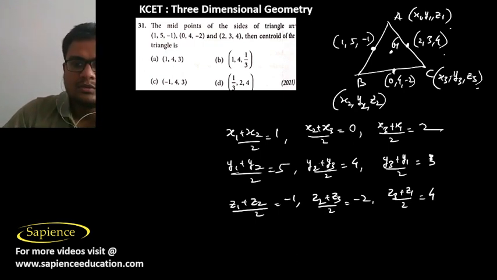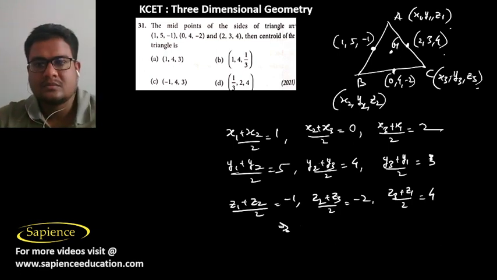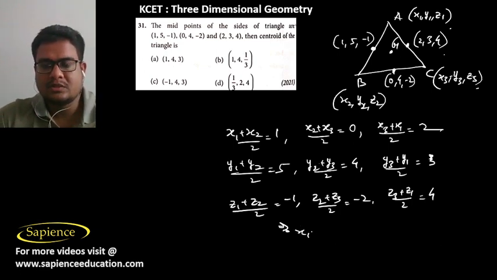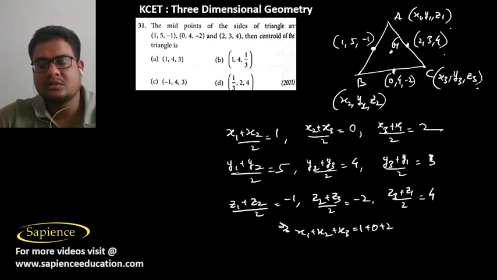So now, if we add all these three, then we'll get x1 plus x2 plus x3 equal to 1 plus 0 plus 2, that is equal to 3.